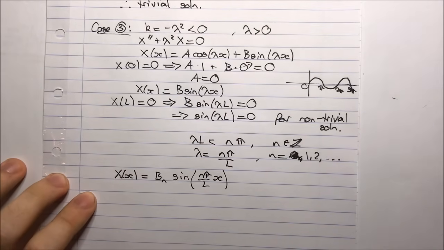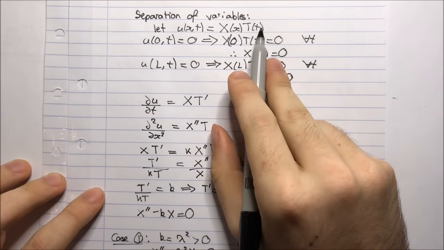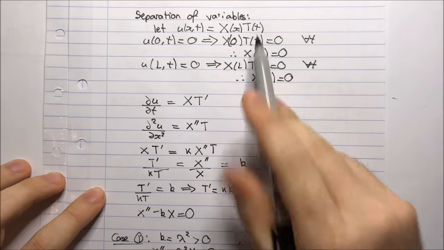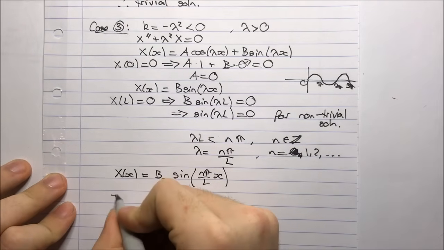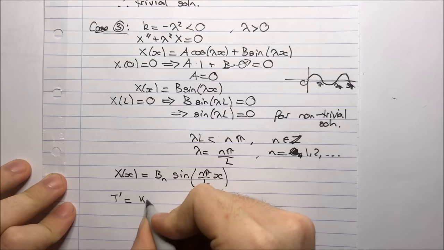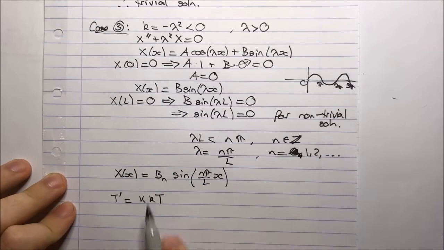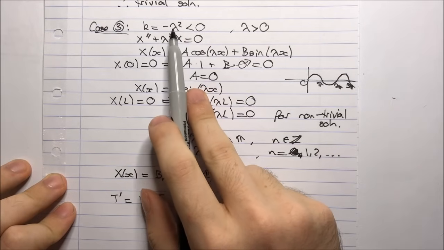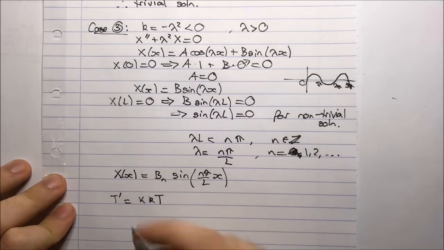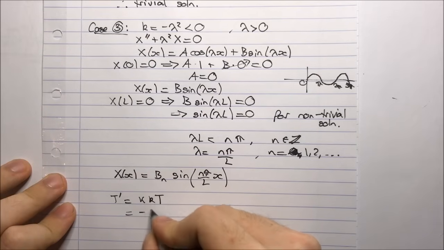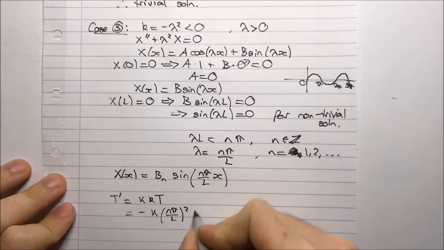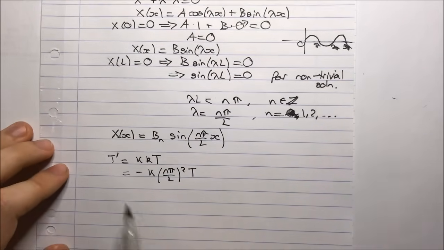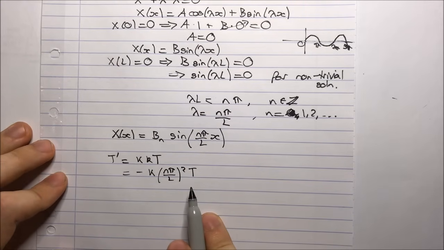Remember, when we separated, we had X(x) times T(t). So now I need to solve the T ordinary differential equation, which is here. So I have T' equal to kT, or kappa, but k is negative lambda squared, and lambda is nπ on L. So this is equal to minus κλ² T, which is (nπ/L)² all squared, times T. And this is just a very standard ordinary differential equation.